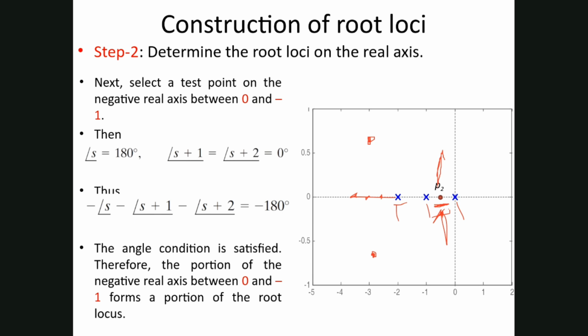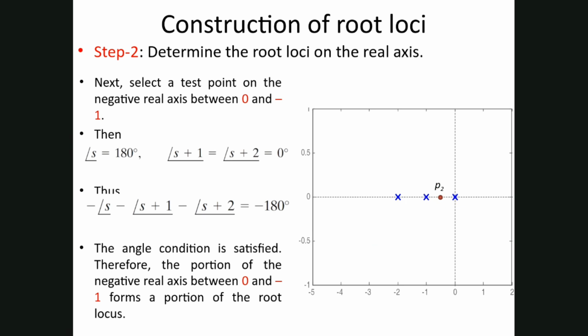If this point satisfies the angle criteria, then this point is definitely a part of the root locus. That means any one of the poles will travel through like this and will have this point on its own locus. That means any one of the loci, out of the three poles, will have this point as its own locus.